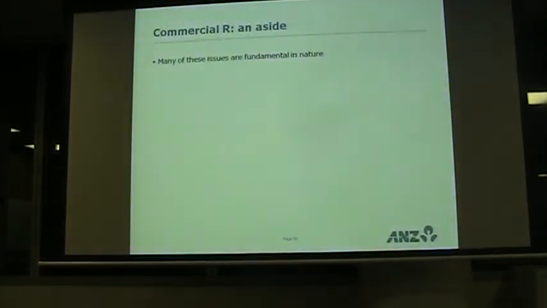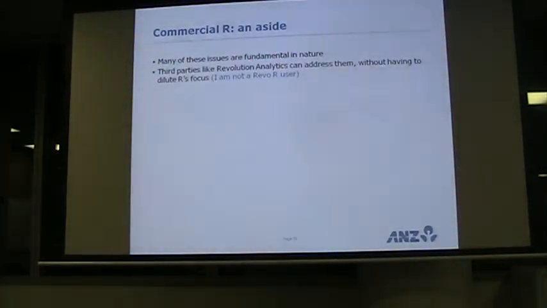As an aside, many of these issues are basically fundamental in nature. R is not going to suddenly become Windows-centric just because I want it to be. And I guess that's where third parties like Revolution Analytics come in. I'm not a Revolution R user, I should mention.